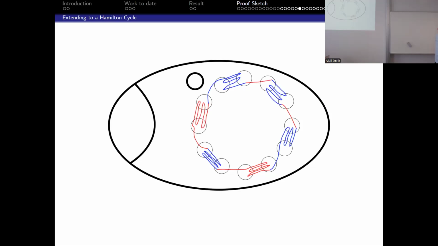And then we can show that no matter where the leftover vertices come from, you can always find a long path which covers all of these vertices and whatever we set aside, and then you can insert that into the long cycle and get a Hamilton cycle.